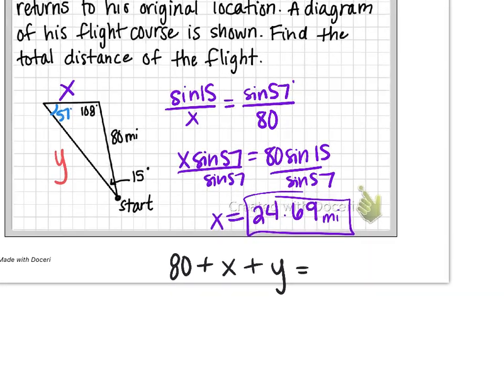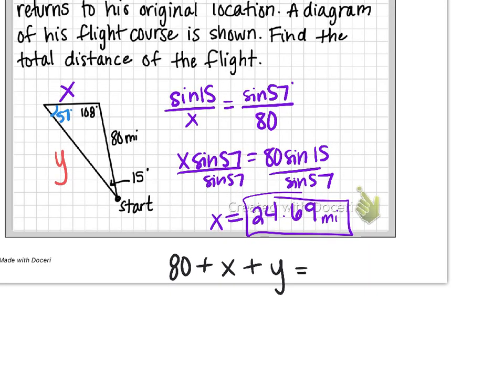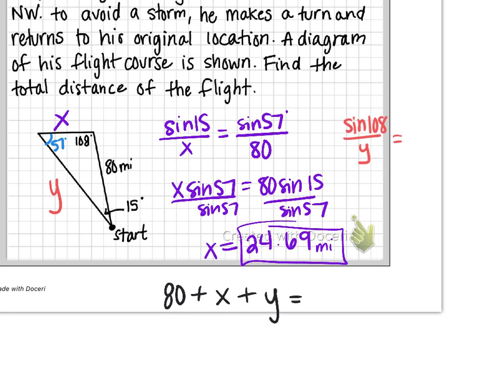Okay, and then let's solve for y. So for y, we'll do sine of 108 over y equals, and we'll go back to the given side that we had, so sine of 57 over 80.